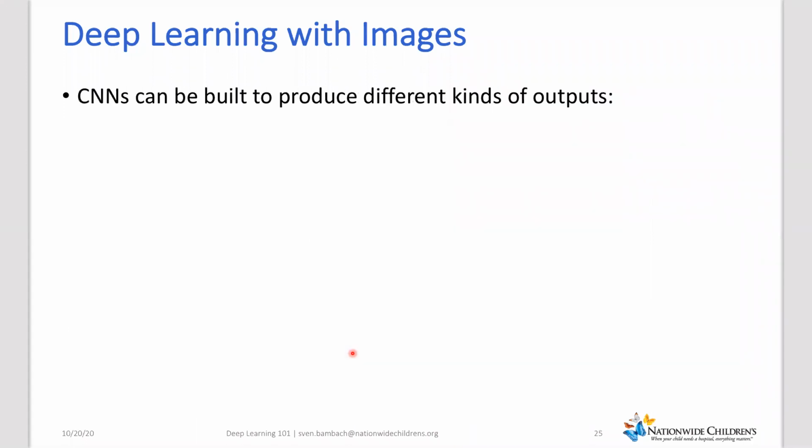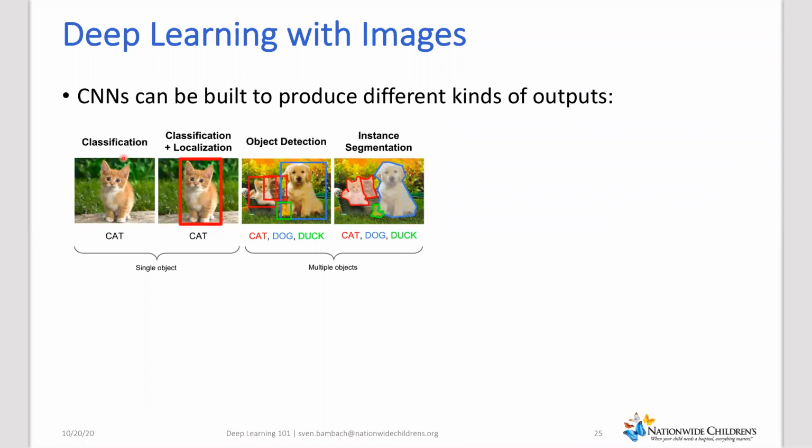What I do want you to know, though, another reason why this is so successful, is that you can build these neural networks to essentially produce any kind of output you want. So you don't have to leave it as plugging a picture into this model, and then the model tells you, yes, there's a cat. If you design your network in a smart way, and if you design your loss function in a smart way, it can spit out almost everything.